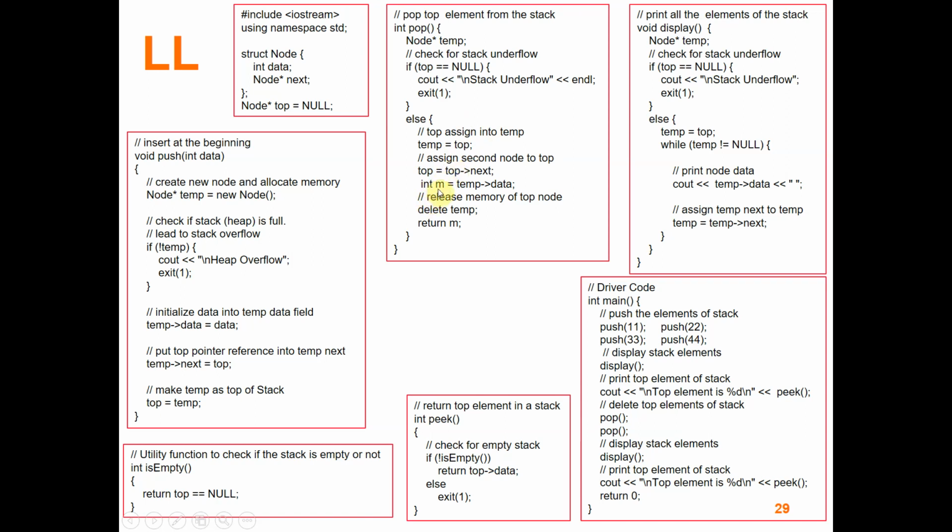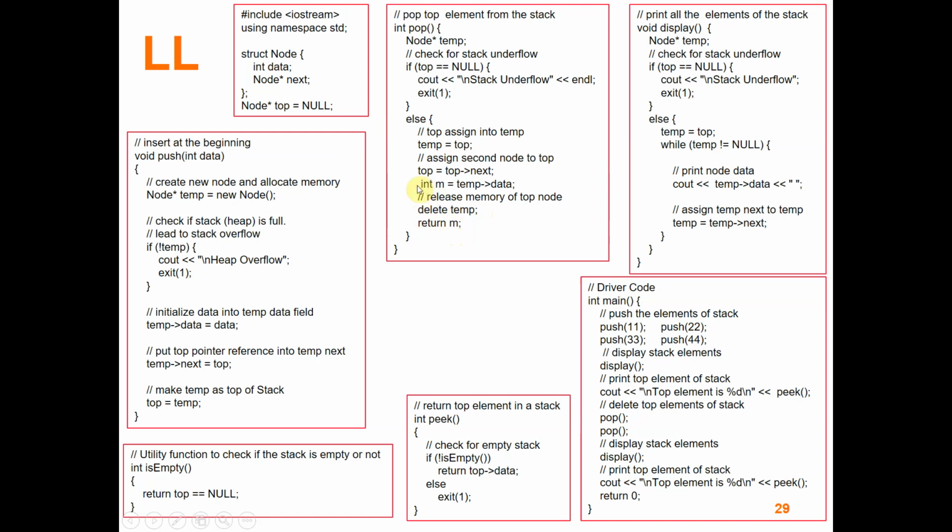And we have to return the data of the top of the stack before removing it. So that's why I'm using a temporary variable here. I store the data part of the previous top of the stack into a variable m, I delete the previous top, and then return m.